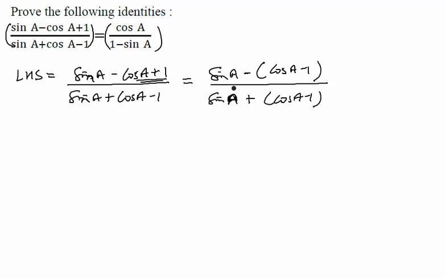Now things look a little better, because we now have two quantities, sin a and cos a minus 1. In the numerator they are connected with a negative sign, in the denominator they are connected by a positive sign.